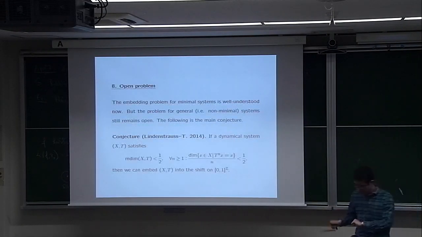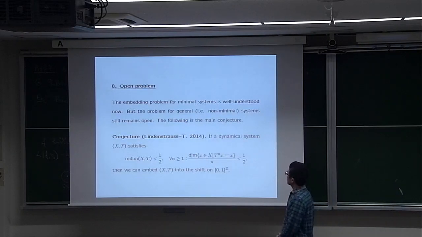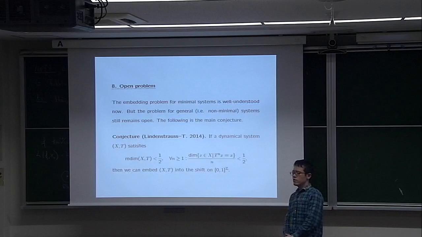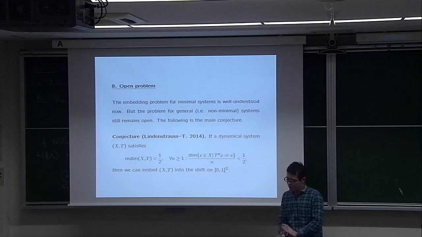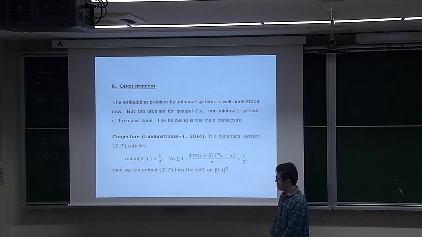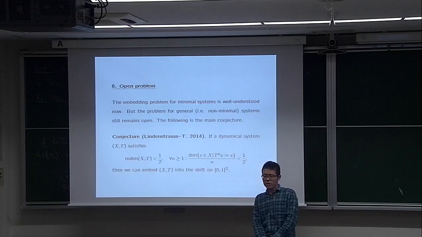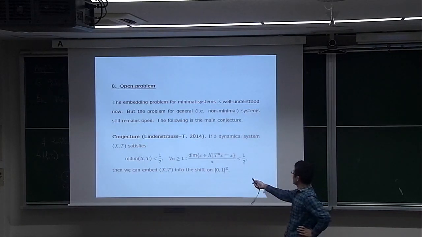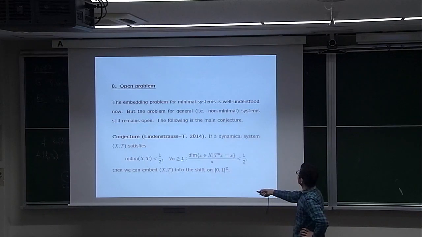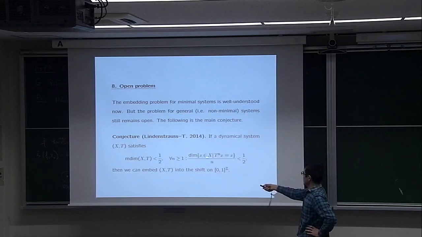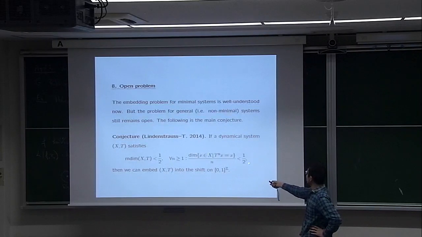Okay, and this is the final slide. So now I think the embedding problem for minimal systems is well understood. But the problem for general, namely non-minimal, systems still remains open. And the guiding conjecture is the following. If a dynamical system satisfies the following condition, namely the mean dimension is smaller than 1/2, and for each natural number n, the set of n-periodic points has dimension bounded in this way.